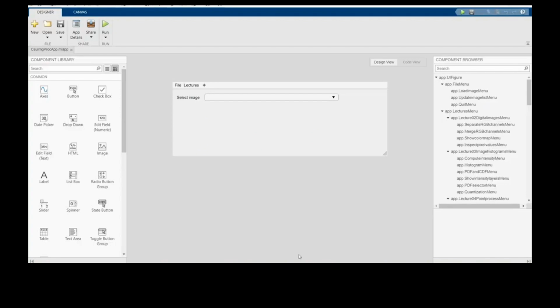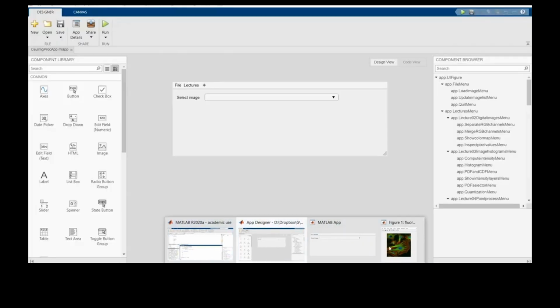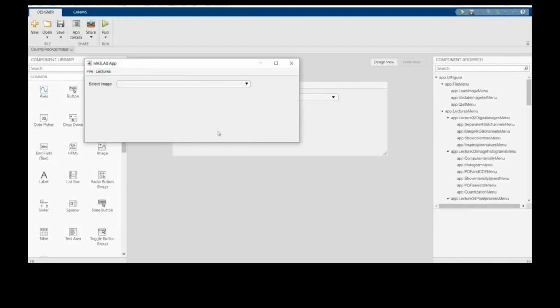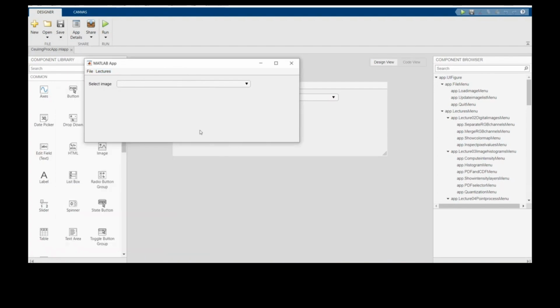What else do we have? Okay, so let's close this. Yeah, and the color corrections we will see today. Actually, it is a little bit inconvenient to use here. Okay, any question?